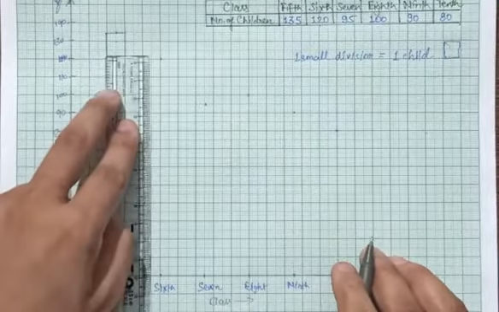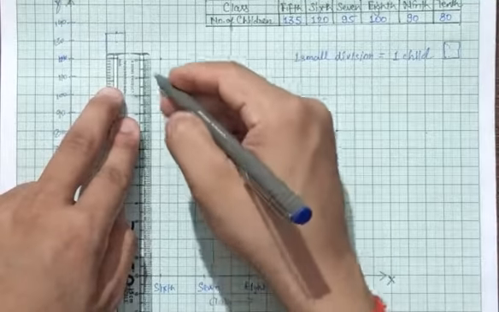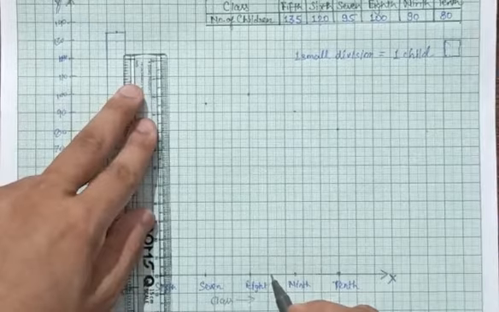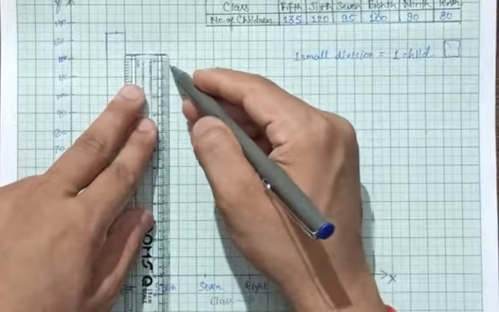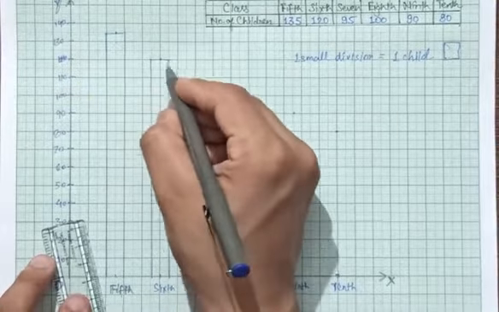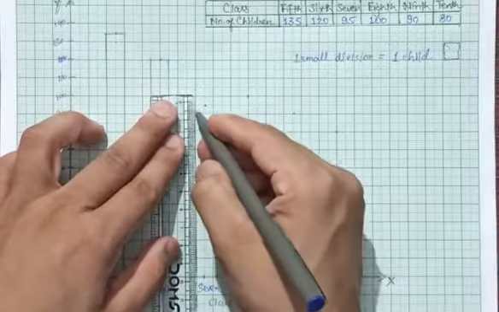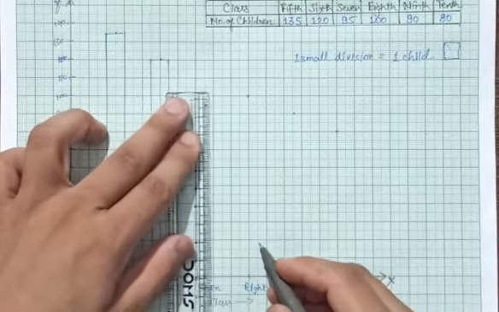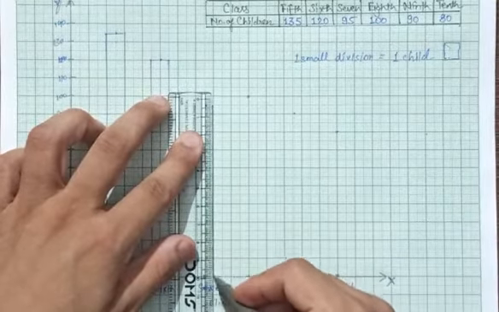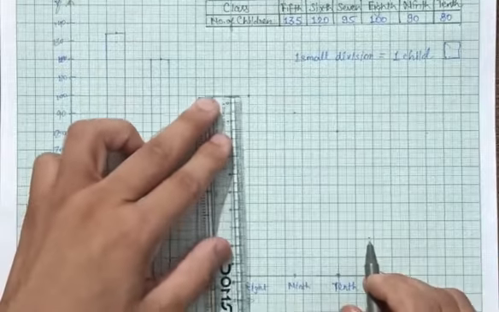Now corresponding to class 6, so this is the bar for class 6. After that, class 7. So this is the bar for class 7. Now class 8.